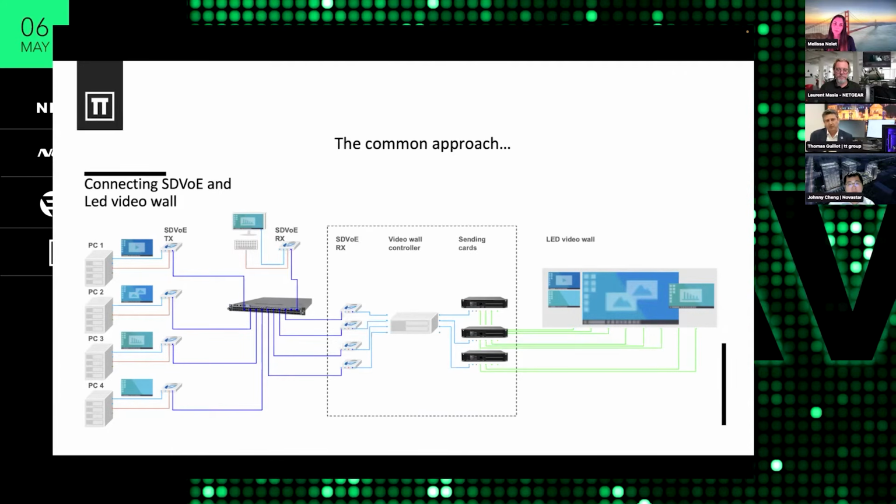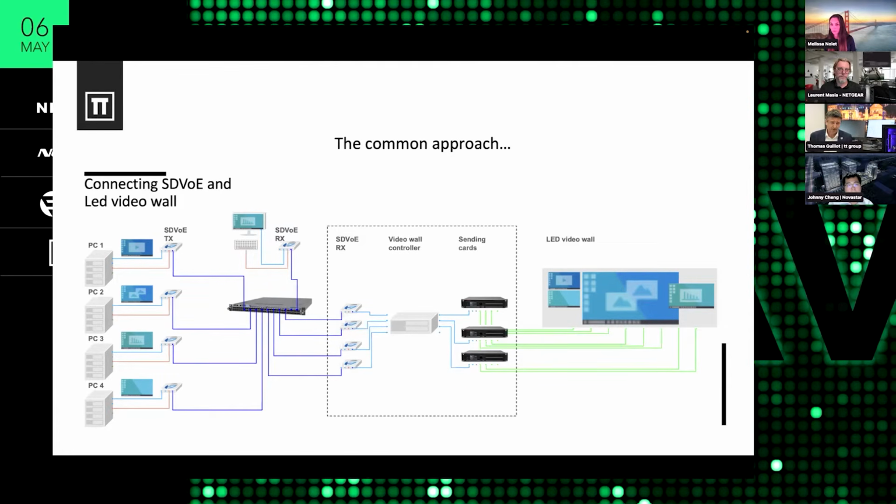They would most likely use sending cards that they connect to the LED wall and feed those sending cards with the output of the video wall controller in HDMI. And then for the inputs into the video wall controller, they will use decoders, so in our case, SDVoE receivers. And by design, the number of SDVoE receivers that you have will define the number of sources that you can simultaneously display on your LED wall.